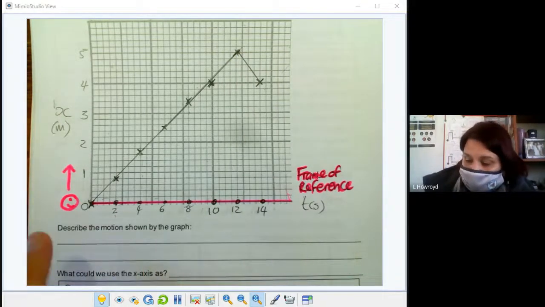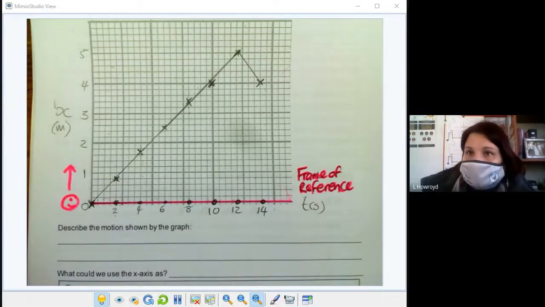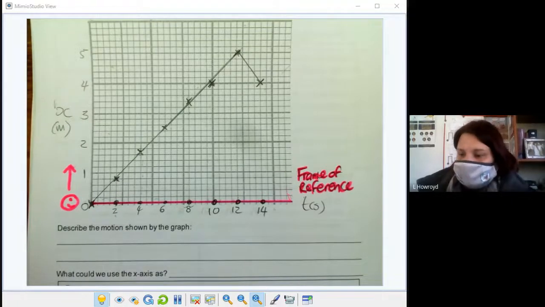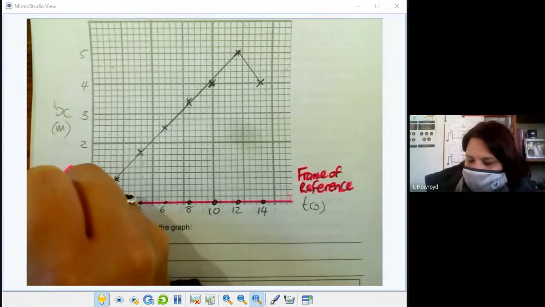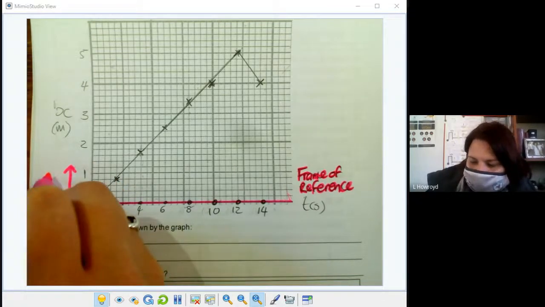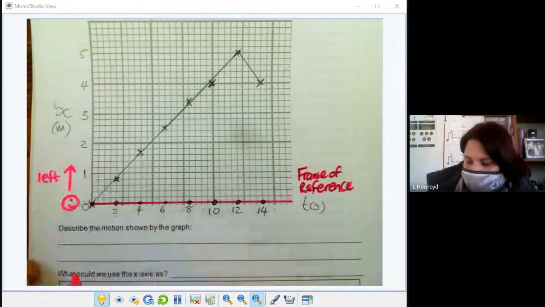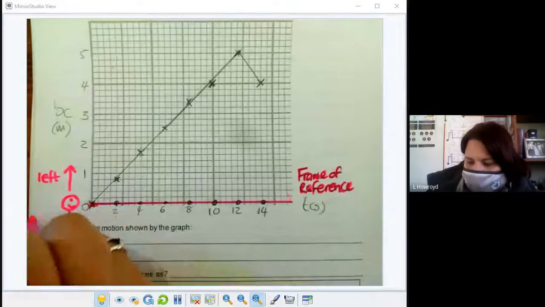So what's actually happening is that the motion is just moving away from it, and you can say whether it is positive or negative. Let's say you are staring at it and the thing is actually moving to the left of you. There's your frame of reference. Anything going in that direction would be to the right.